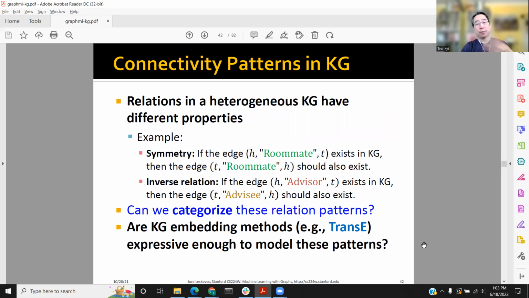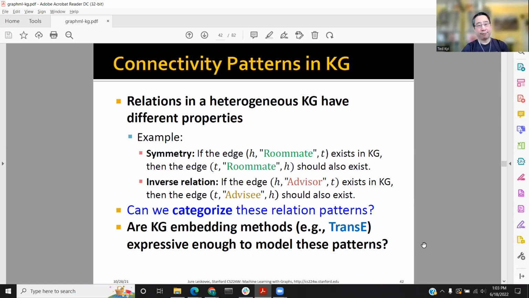Okay, so some examples: the roommate type of relationship has this symmetry, where if H is a roommate with T, then T is also a roommate with H. You may have two relationships that you want to be inverses of each other, that if H is an advisor for T, you want it to be true that T is an advisee for H. All right, so what are some of the different categories?